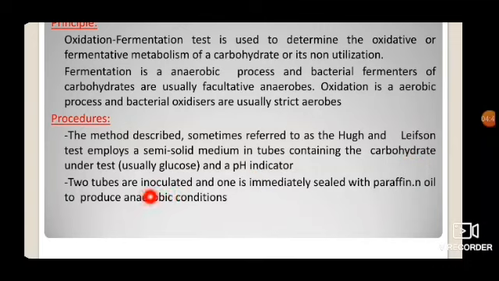Two test tubes are inoculated and one is immediately sealed with paraffin oil to produce anaerobic conditions. Anaerobic condition means they are doing the fermentation process, and for that we have to seal the test tube with paraffin oil.